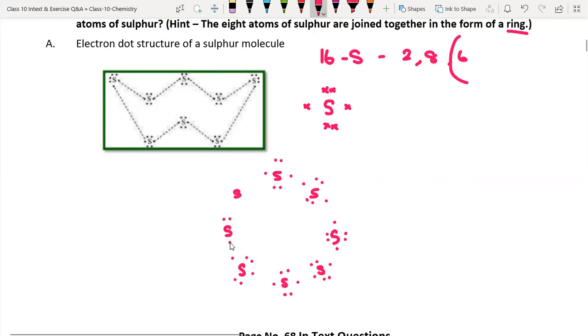Here, one electron will be bonded with an electron of the other sulfur, and this electron will bond with this. Like that, you can find all single bonds between sulfurs. You can draw either like this, or you can draw in the form of a crown also. Here you can observe 8 sulfurs are there, formed like this. Like that you can draw this or this, both are correct.